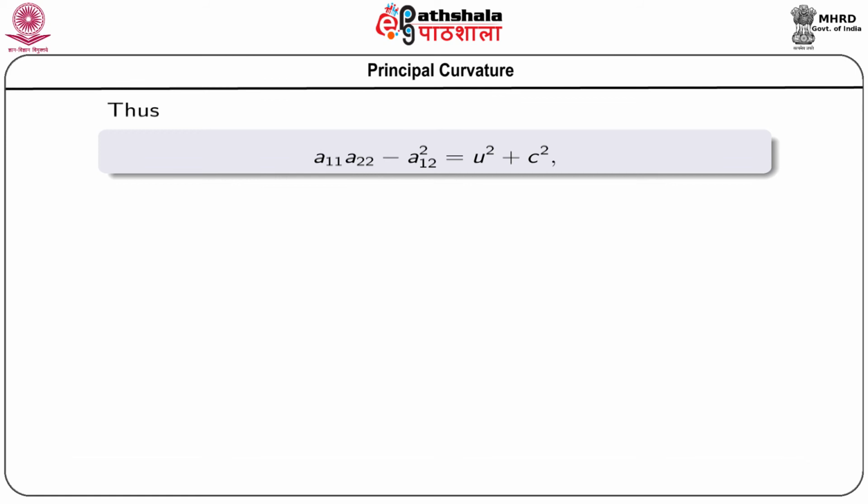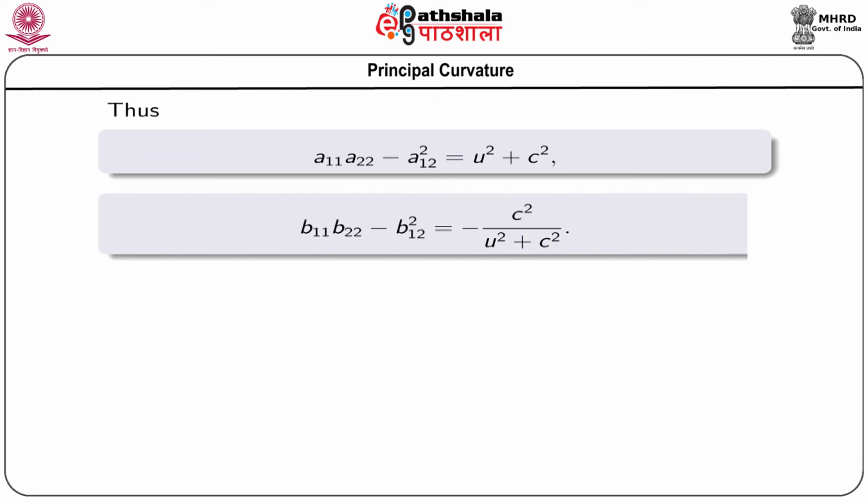So, if we take the determinant of A alpha beta, the value of A is u square plus c square. And similarly, the value of B, the determinant of B alpha beta, is equal to minus c square by u square plus c square.